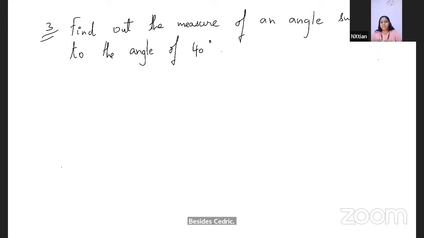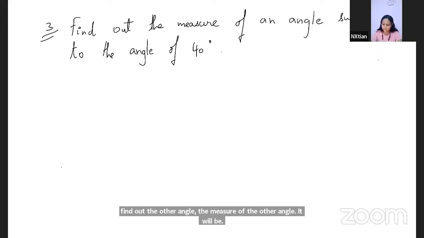Because 180 degrees is the total, so supplementary would be 180 minus 40. That's right, Simran. Supplementary to the angle of 40 means the total will make 180. To find the measure of the other angle, it will be 180 minus 40, that is 140.